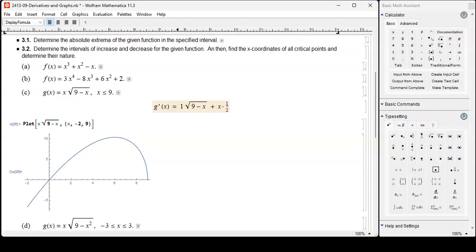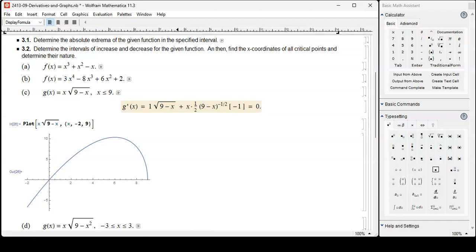Square root, so 1/2, negative 1/2 because subtracting 1 from the power, and then I have to multiply the derivative of the inside. Nothing changes inside, so 9 minus x, and then what's the derivative of the inside? Negative 1. Looks like that's the derivative, and then we have to set this one equal to 0.